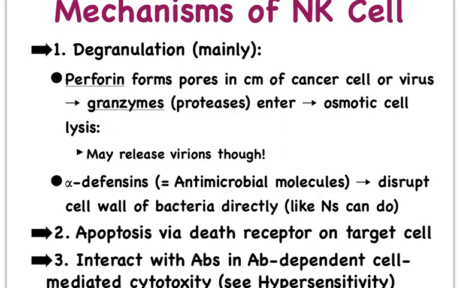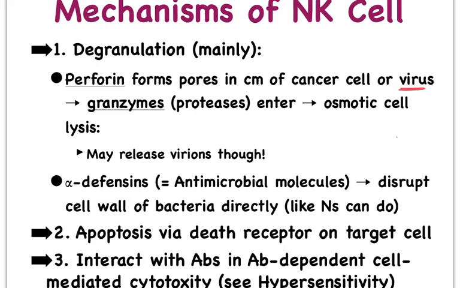I do want to say a few words about how natural killer cells actually function. They have several mechanisms by which they manage to destroy either tumor cells or cancer cells or virus infected cells. Actually, now that I look at it, this should really say virus infected cells.